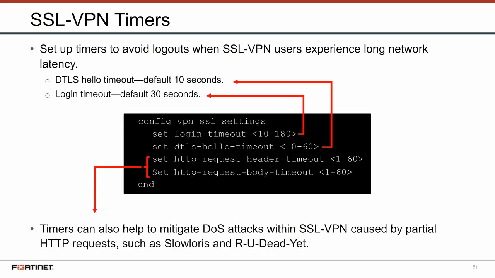The second command allows you to set up the maximum DTLS hello timeout for SSL VPN connections. Also, timers can help you to mitigate vulnerabilities, such as Slowloris and R-U-Dead-Yet, that allow remote attackers to cause a denial of service through partial HTTP requests.